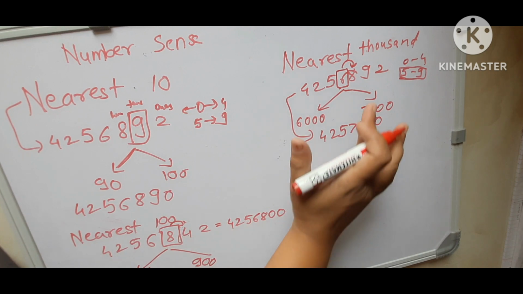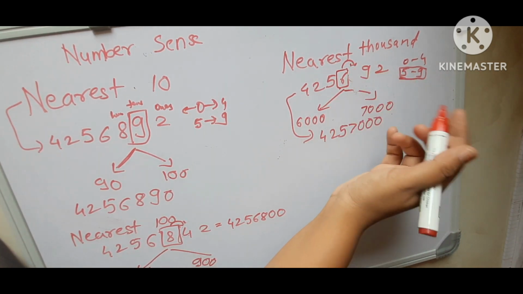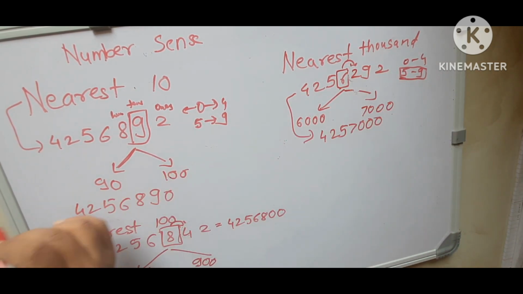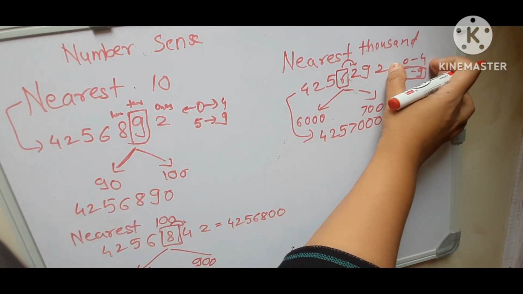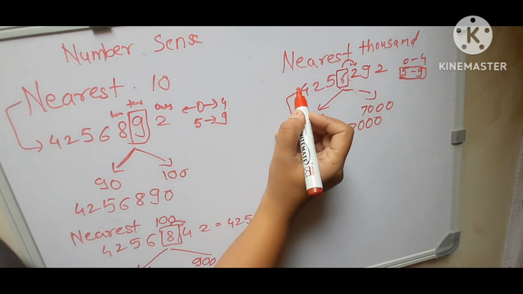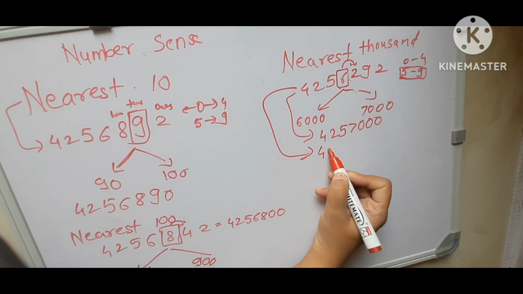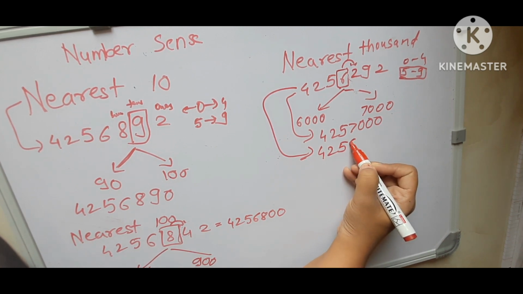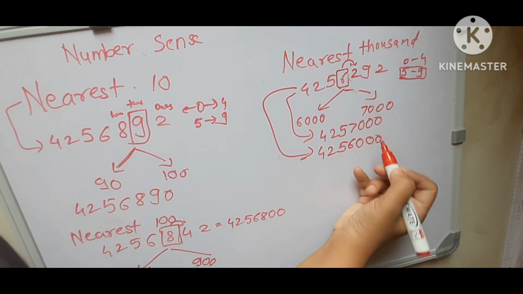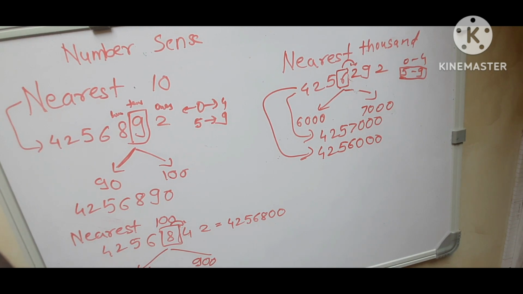Again, if instead of 8 it would have been 2, it is in the first group, that is the lower part. In that case it would have been 4256000. I hope it's clear. We need to check the next number on which we need to do the conversion.